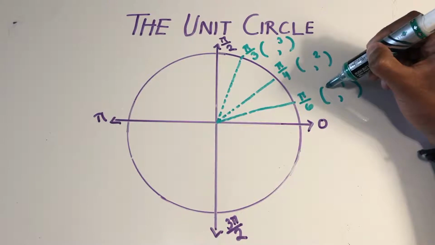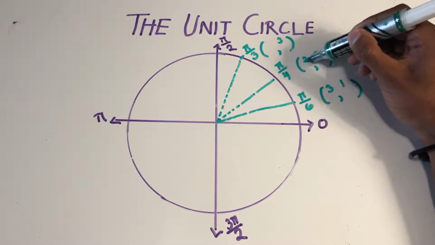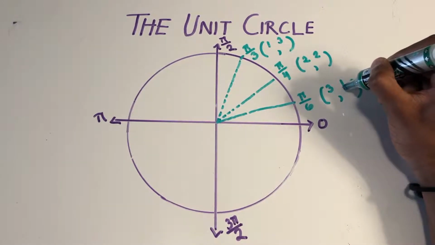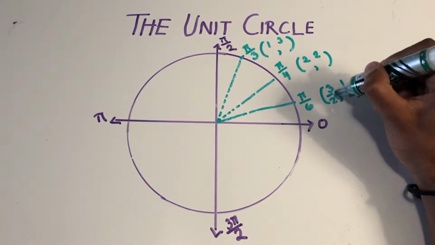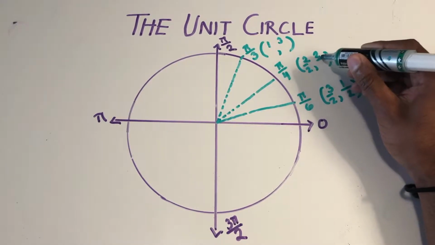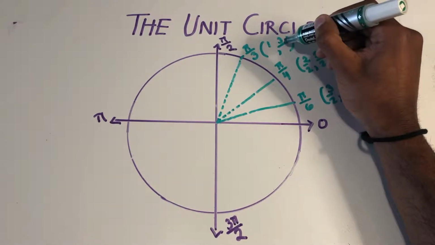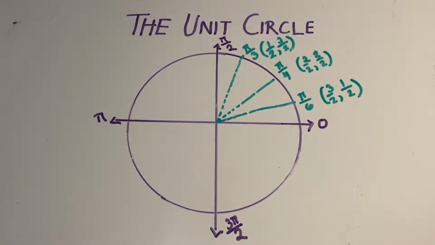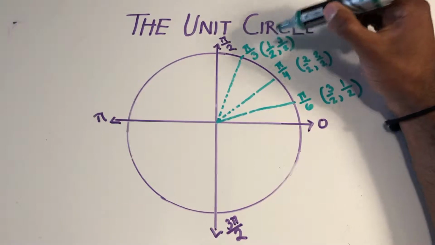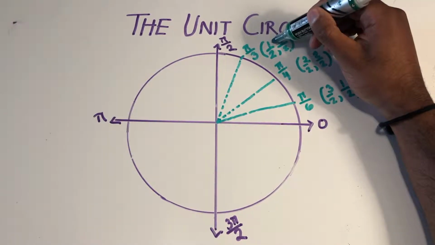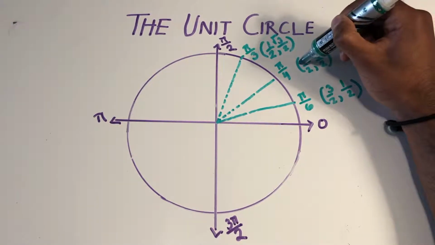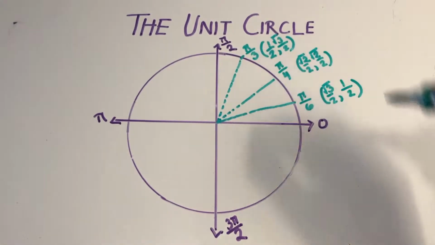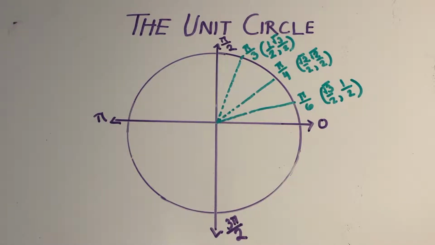And then for the x coordinates, we go 3, 2, and 1. Now what you do is divide everything by 2. And then you're going to square root each numerator. For the 2s and for the 3, you should, and you can ignore the 1 right here.